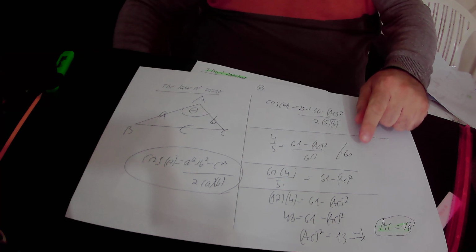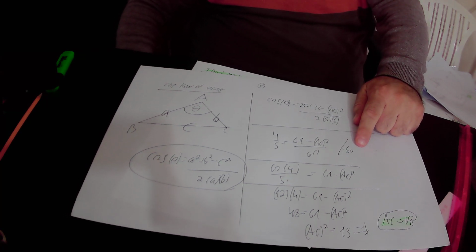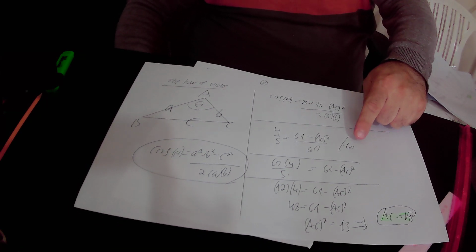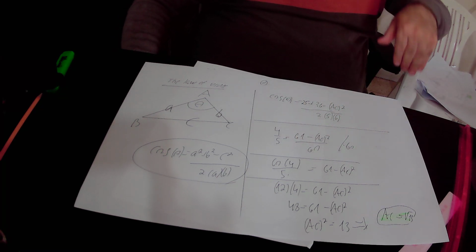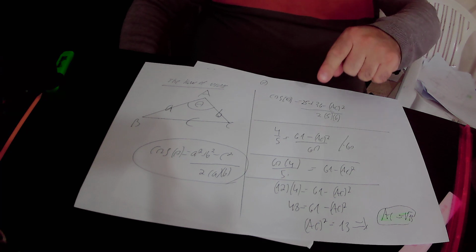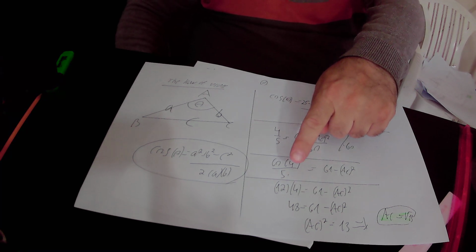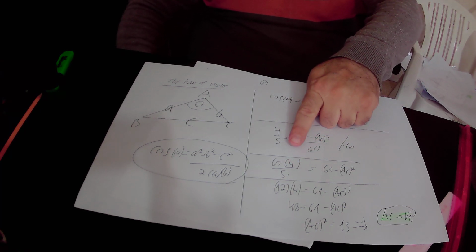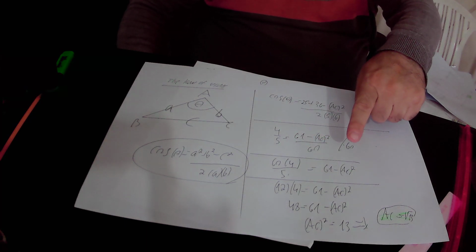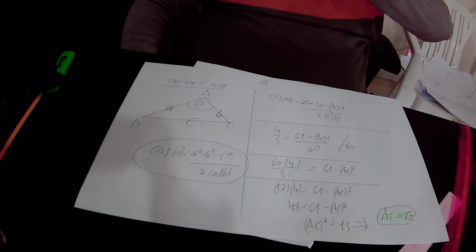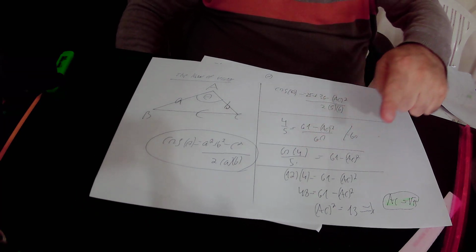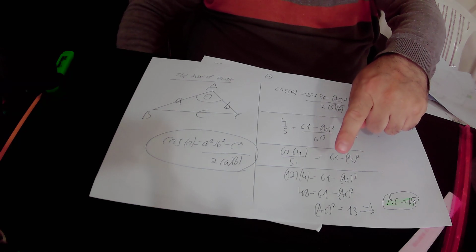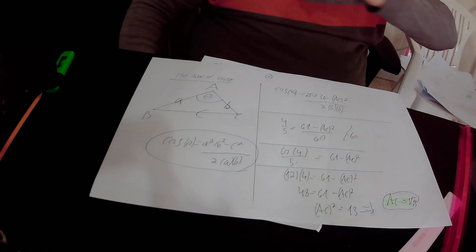We multiplied this equation by 60 and found out that 60 times 4/5 equals 61 minus AC squared. Here, 60 over 5 is 12. So on this side of the equation we have 12 times 4, which is 48. So 48 equals 61 minus AC squared.